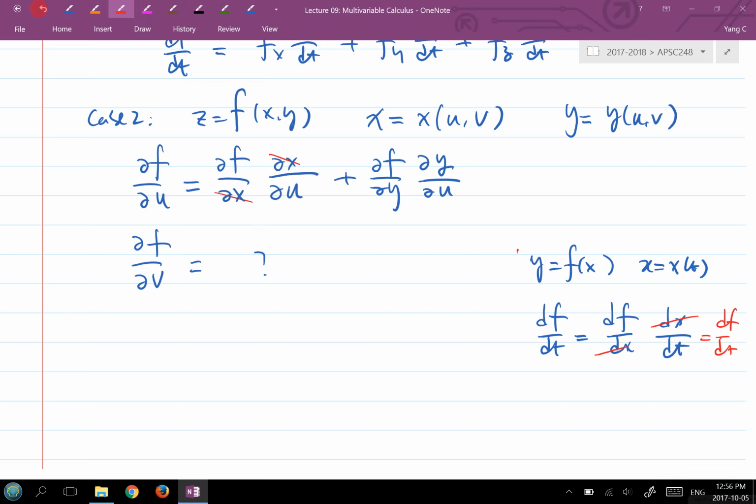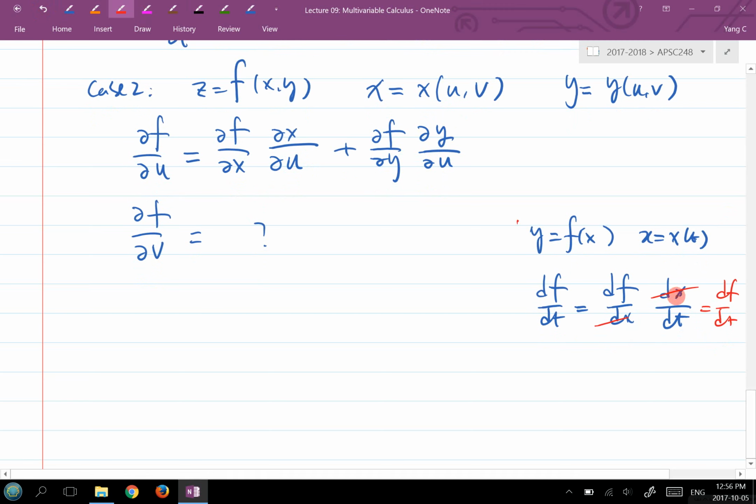So basically, there's a fundamental difference. You can do this one, but you can't do this one. So what's the fundamental difference here? Basically, this partial x is fundamentally different from this dx here.